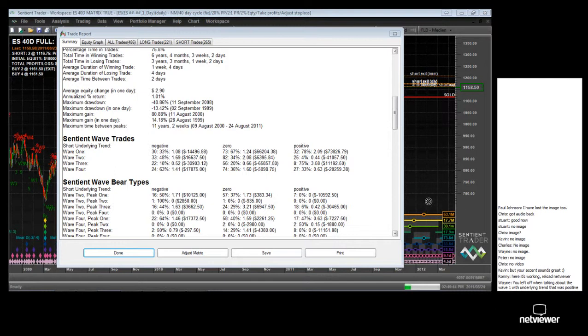Okay, wave one, underlying trend that's positive. Right, I'm going to allow people just a minute or two to log in again. So if you don't mind, we'll just log out and log in again, and get back up to where we were.